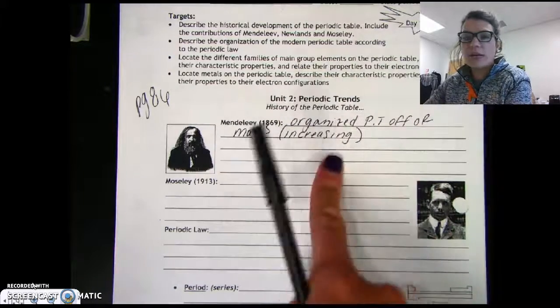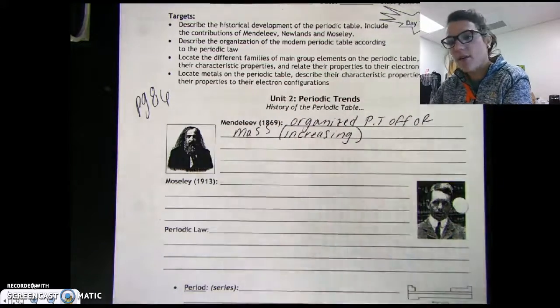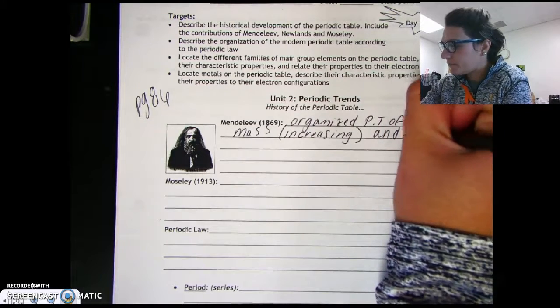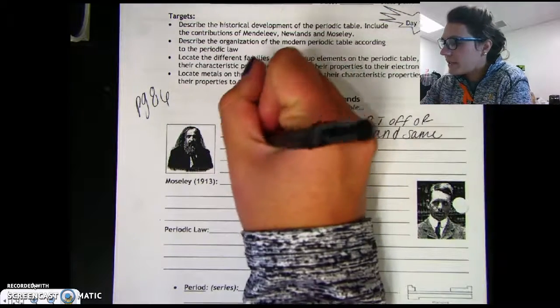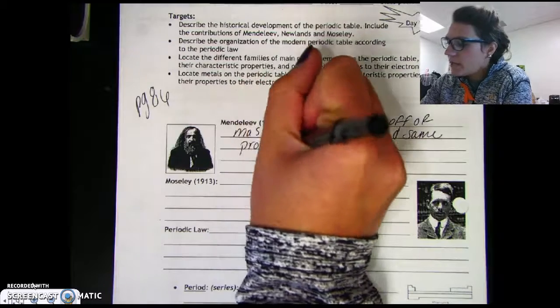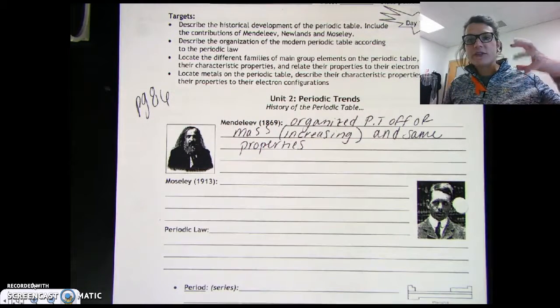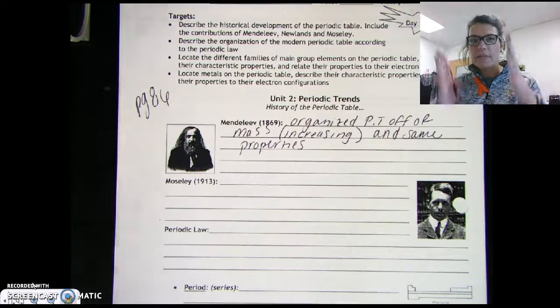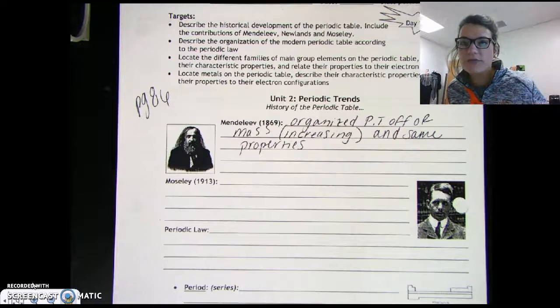So not only did he organize it by increasing mass, he also organized it by same properties. What do I mean by same properties? What I mean is if certain elements acted similarly to other elements, he put them in the same group. Okay, so that's the first guy, Mendeleev.